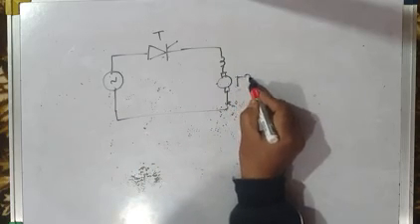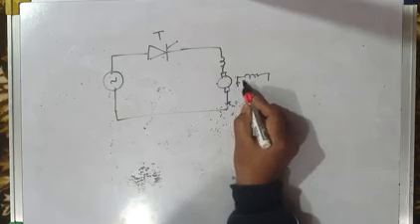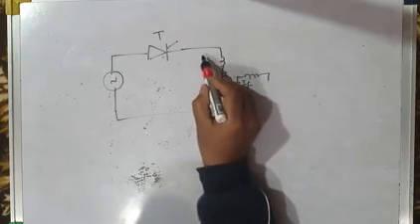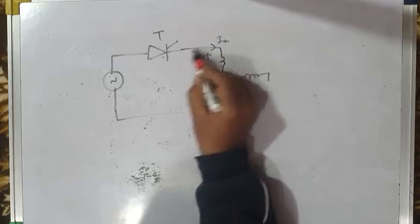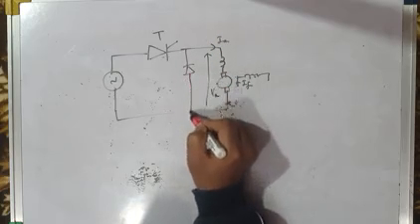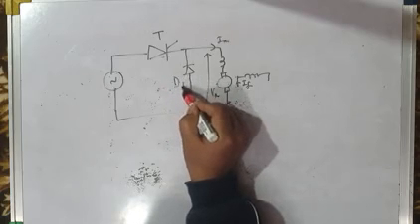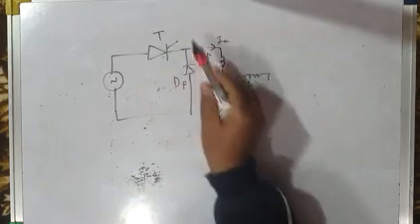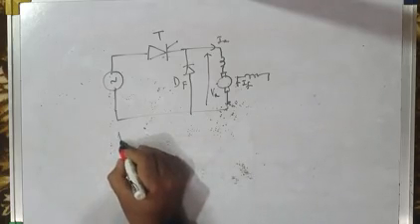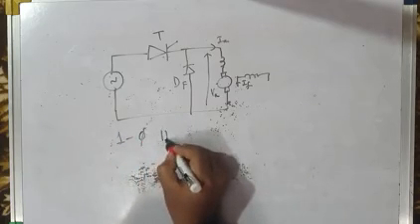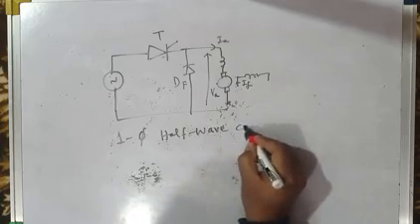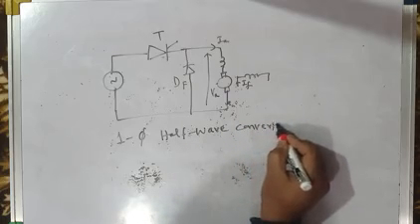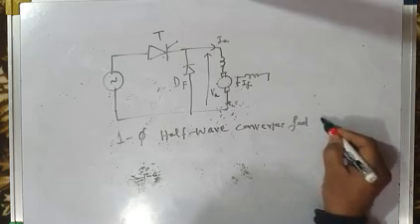It may be a separately excited DC motor, and the field winding is separately excited. This is the field current. This is armature voltage VA. This is armature current IA. You may put a freewheeling diode also across the load. This is the freewheeling diode. This is the simplest type of converter. It is in fact a single phase half wave converter fed DC motor.